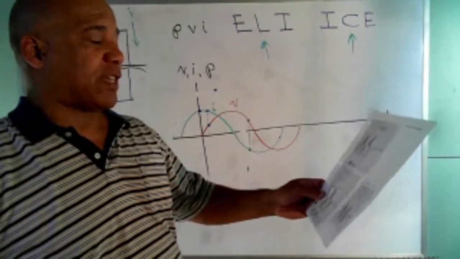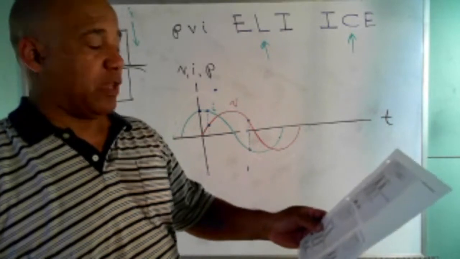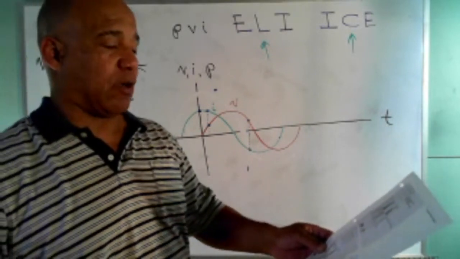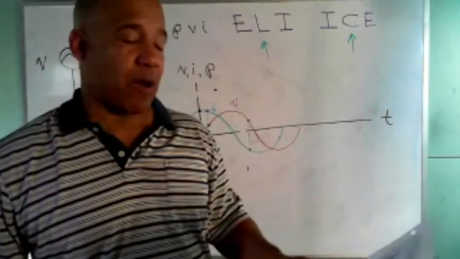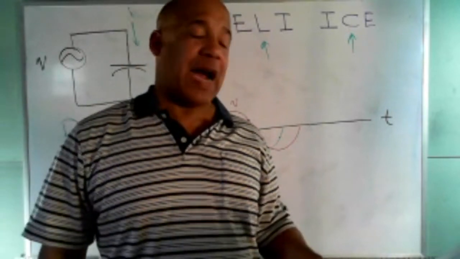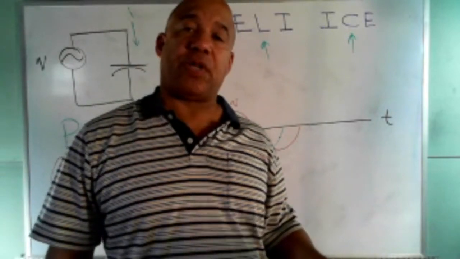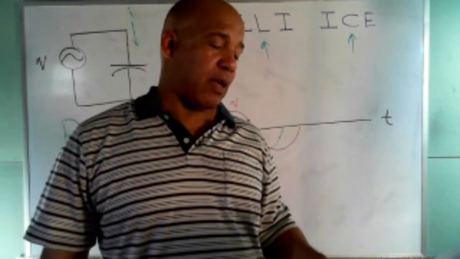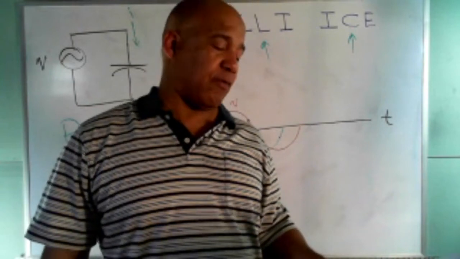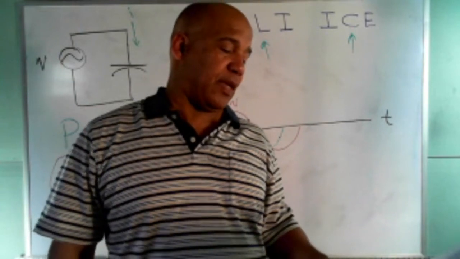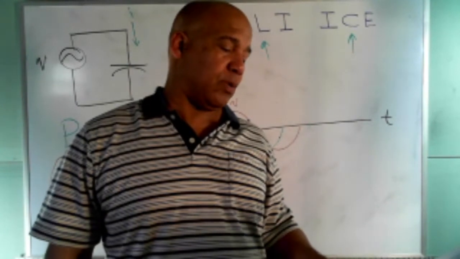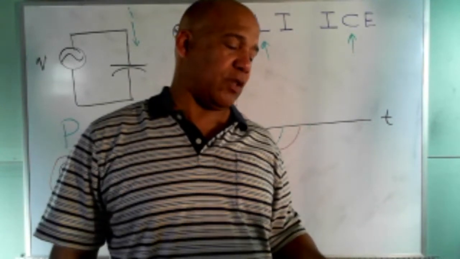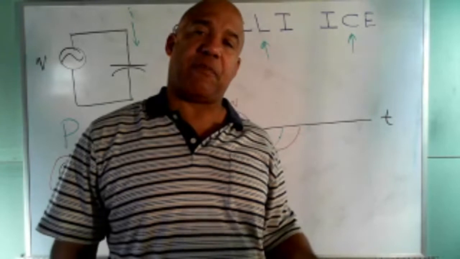The first half cycle of the power curve, the first half cycle of the shaded gray area, that's positive power because all the values of voltage and all the values of current are positive values. So it's basically from 0 to 90 degrees of the voltage or current curve, those are all positive values you get for power.